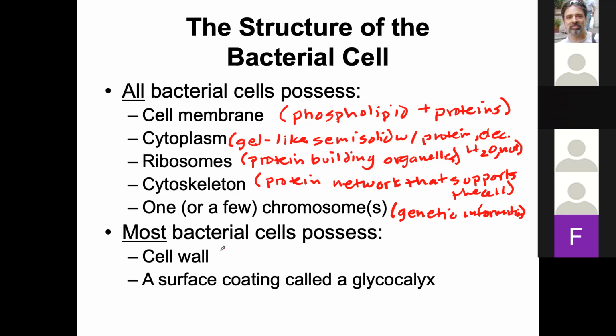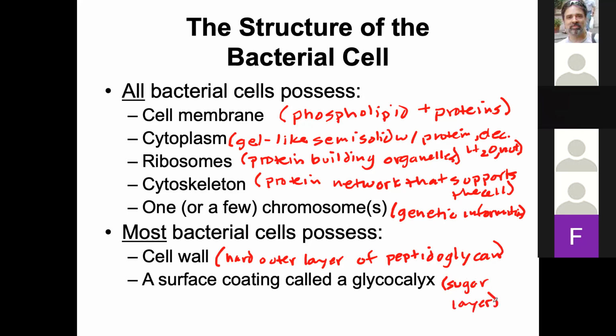Okay. The cell wall is a hard outer layer of peptidoglycan, okay, and the glycocalyx is basically a sugar layer. Okay.